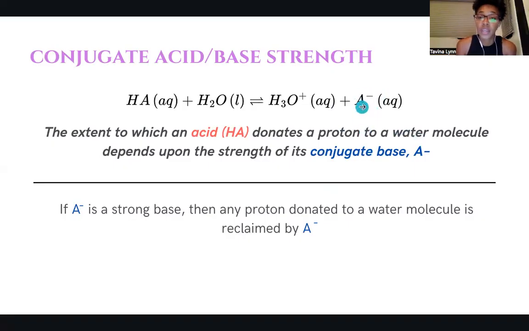So essentially, if this conjugate base is a strong base, we'll keep shifting the equilibrium to the left, because that proton being donated to the water is basically happier with the base, because the base is a strong base.